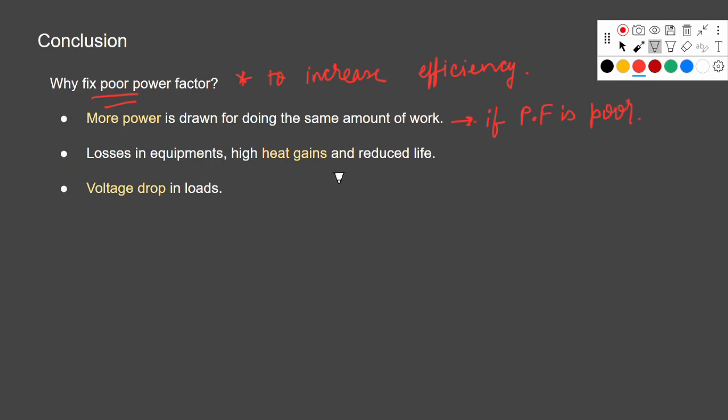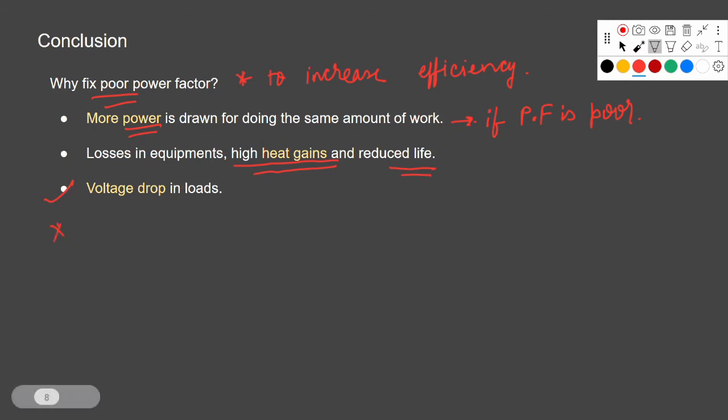And if it is drawing more power, then the electrical equipment will heat up, and so the life expectancy of the equipment will reduce. Voltage drop also happens across the equipment, which can lead into severe short circuits, and the life of the equipment also decreases.